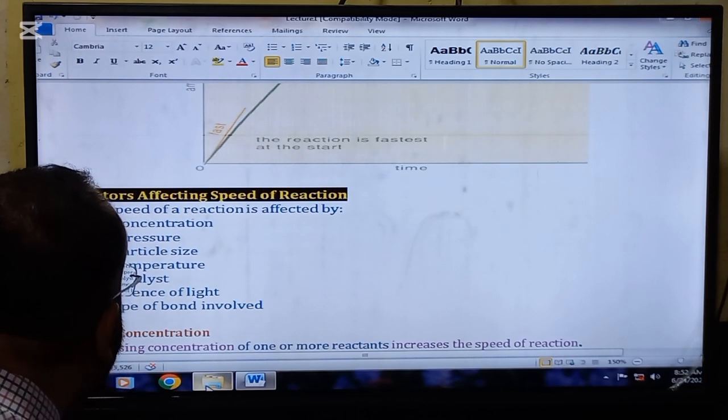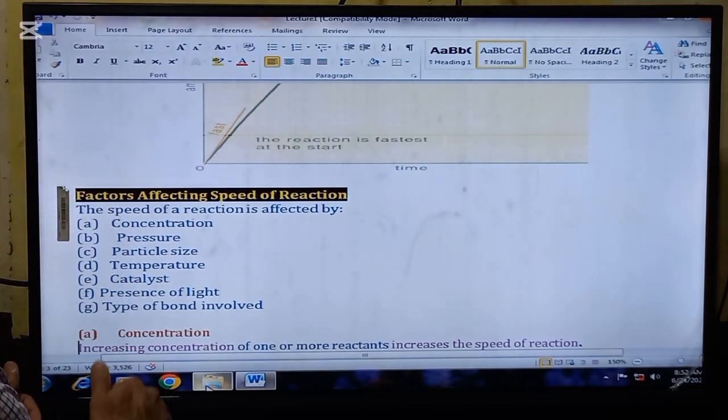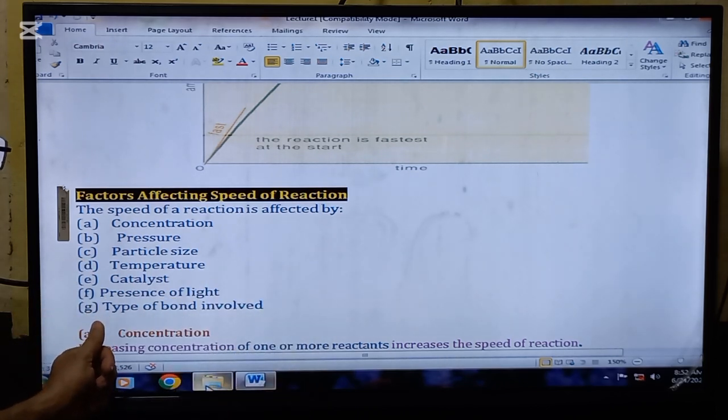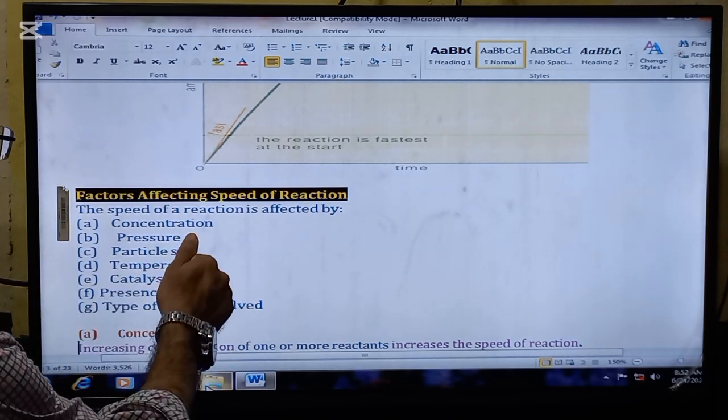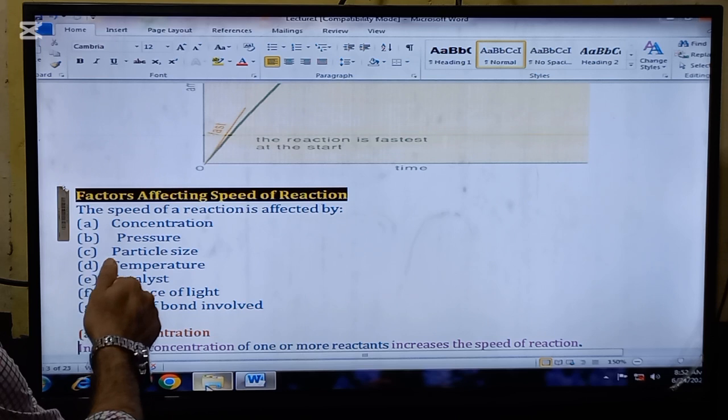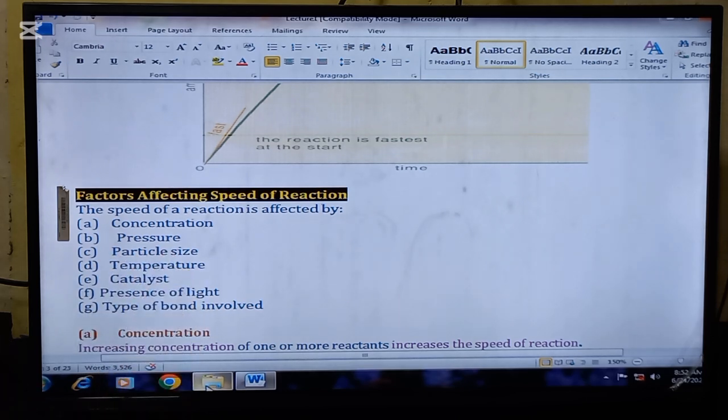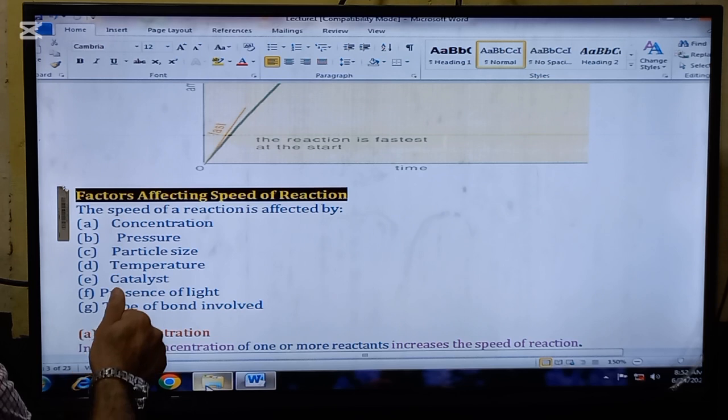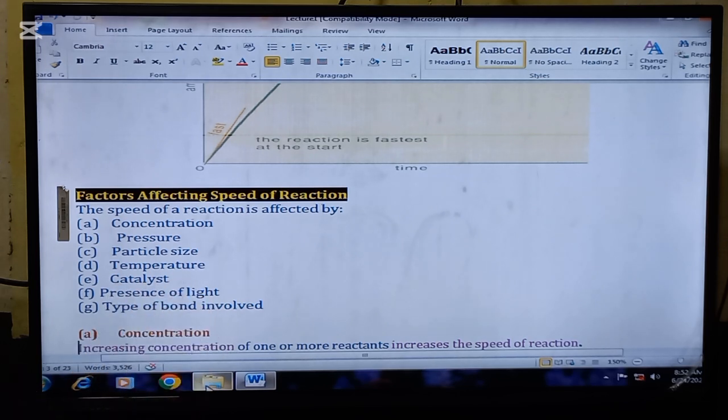Next thing which we are going to read is factors affecting speed of reaction. So these are factors which affect the speed of reaction. Number one, concentration. Number two, pressure. Number three, particle size. Number four, temperature.